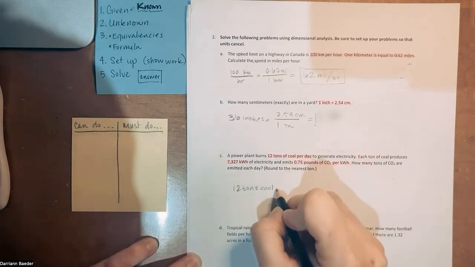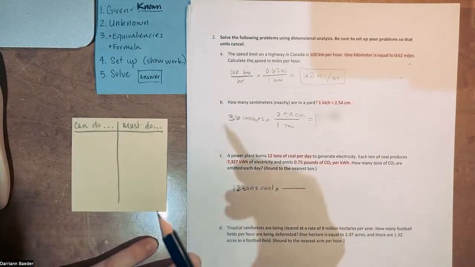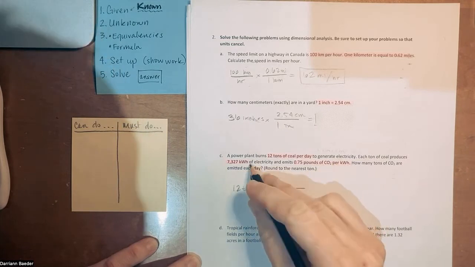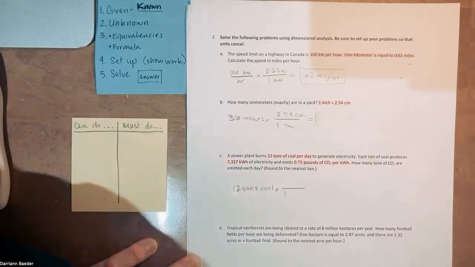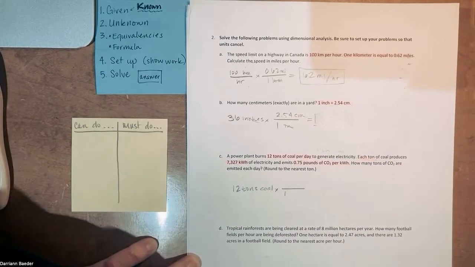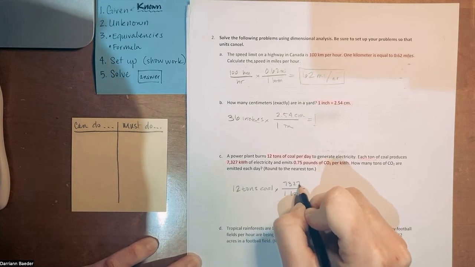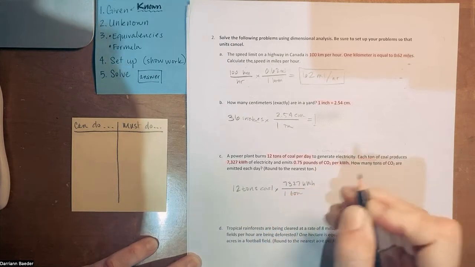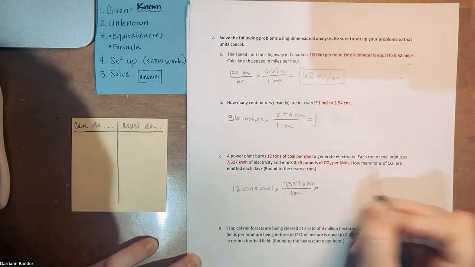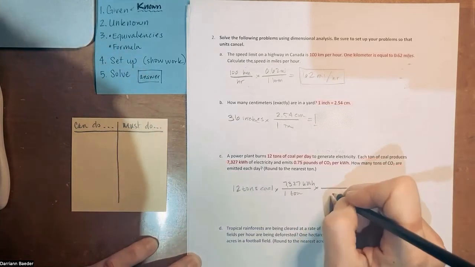All right. So we know that we've got 1 ton of coal. Here, oops, I should have highlighted that. So each ton, so it's 1 ton for 7,327 kilowatt hours of electricity, which we'll cover later, like how to really break down that unit and what it actually means.